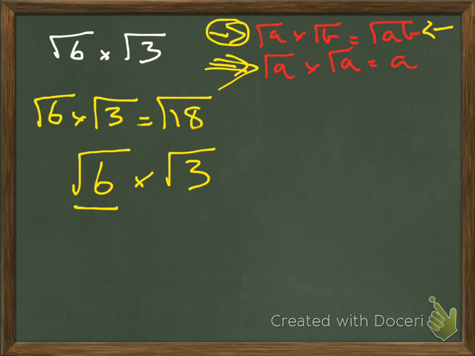Now the reason I've chosen root 6 is because, as I did say earlier, root 3 is the root of a prime number, and because it's a root of a prime number I can't break it down any further. So that leads me to go for root 6 and try and break that down.